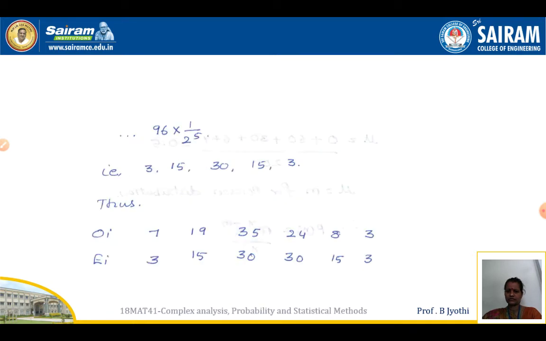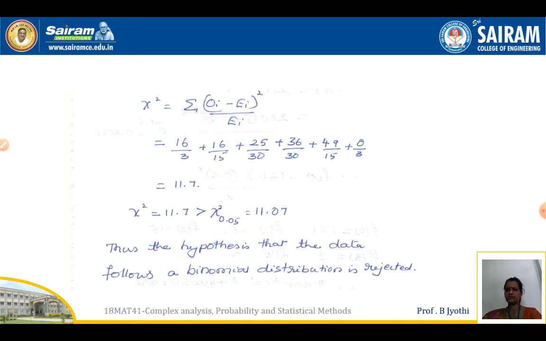Okay. So chi-square is given by the sum of Oi minus Ei the whole square divided by Ei. So that gives us 16 by 3 plus 16 by 15 plus 25 by 30 plus 36 by 30 plus 49 by 15 and 0 by 3. That gives us 11.7.